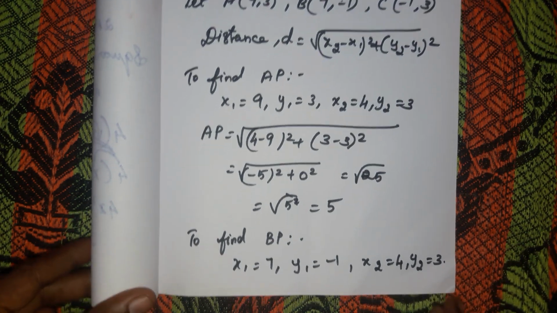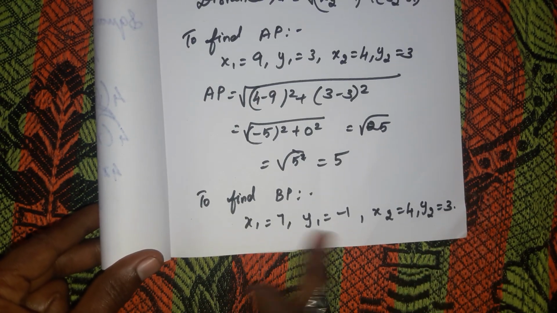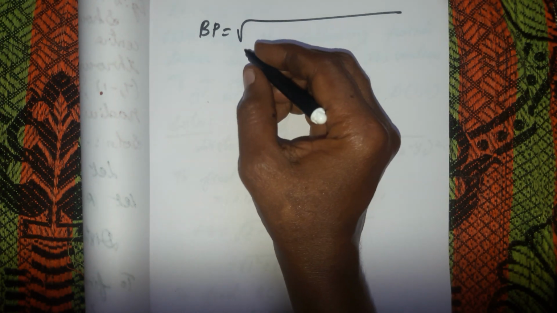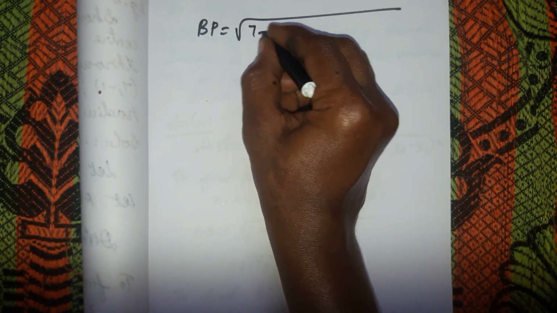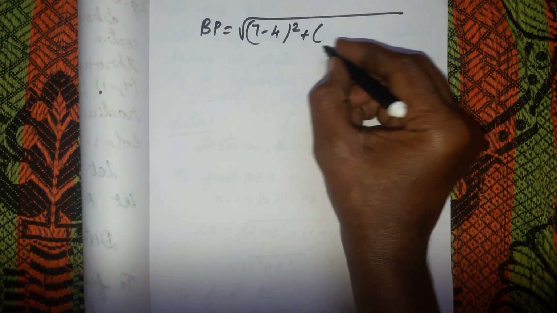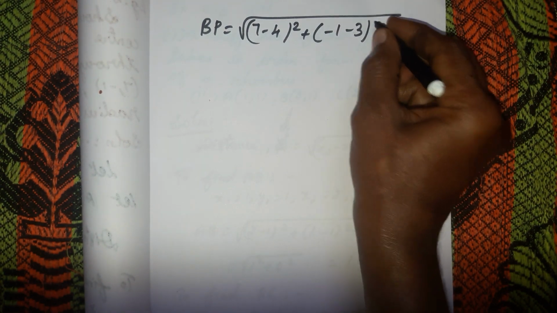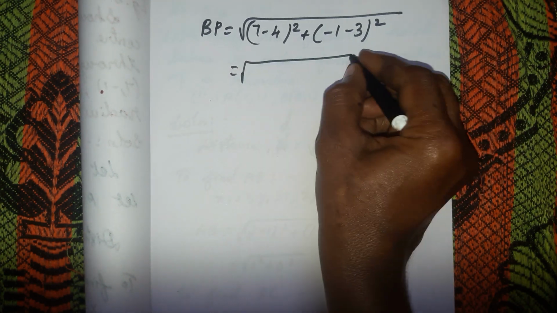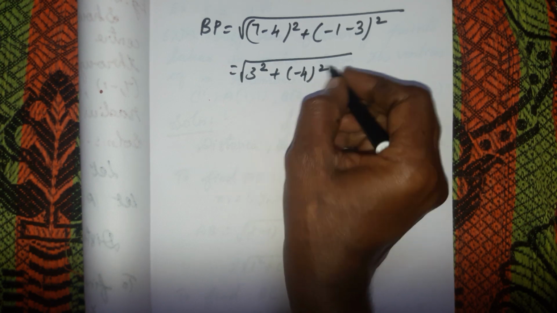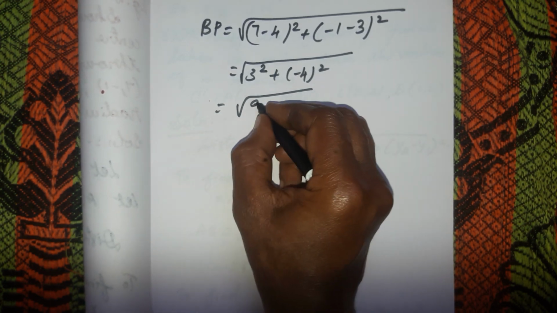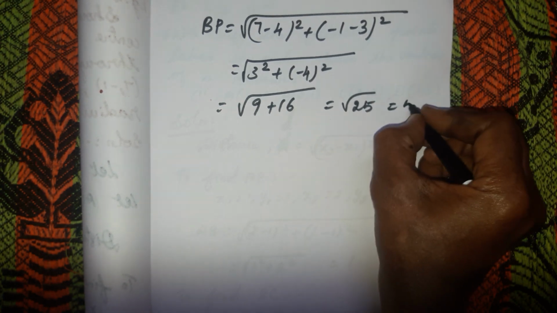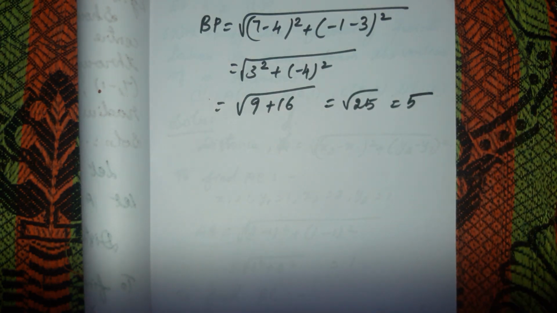Then BP is equal to root of (7 minus 4) the whole square plus (-1 minus 3) the whole square. It's equal to root of 3 square plus (minus 4) the whole square, which is 9 plus 16, equal to root 25, equal to 5. BP also we are getting 5.